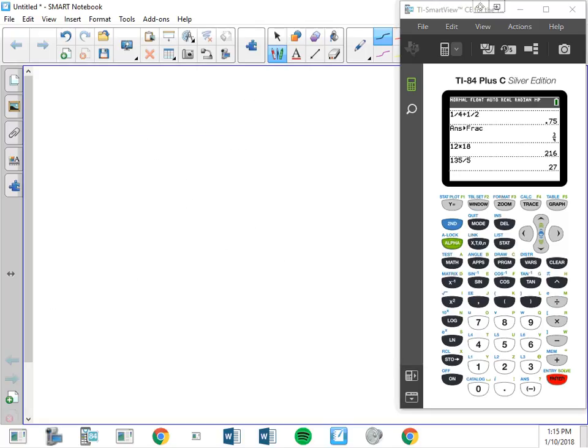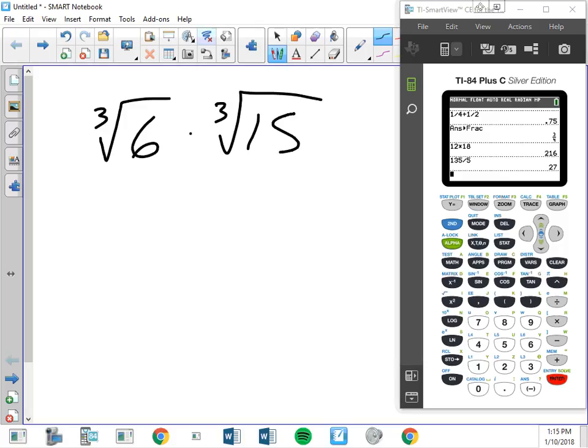Okay. Let's do the third root of 6 times the third root of 18. Do I need to multiply 6 and 18 together? No, because as soon as I multiply them together, what am I going to do? Factor them again. So we'll just pretend that they're all the same number. What is 6 made up of? 2 times 3. What is 18 made up of?